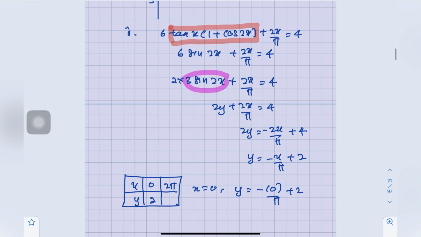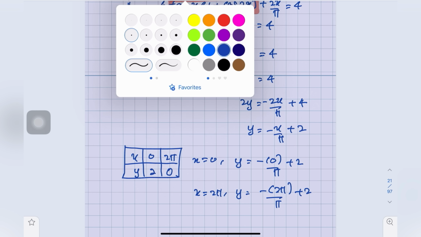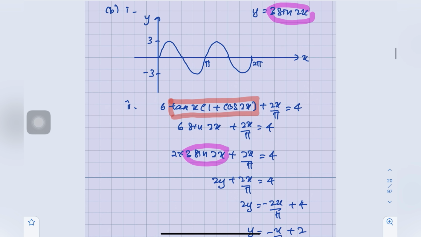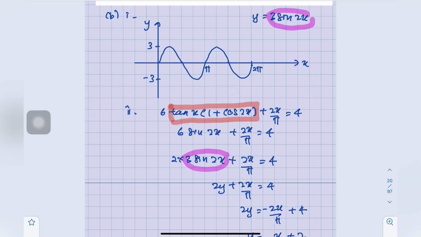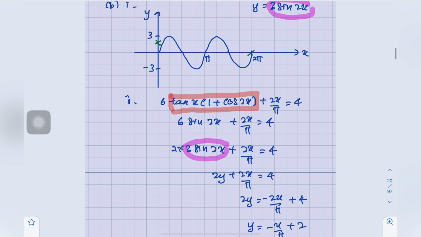When x equals 2 pi, y equals negative 2 pi over pi plus 2, so equal to 0. Then we plot these 2 points: 0, 2 right here, somewhere here, and 2 pi, 0 here.